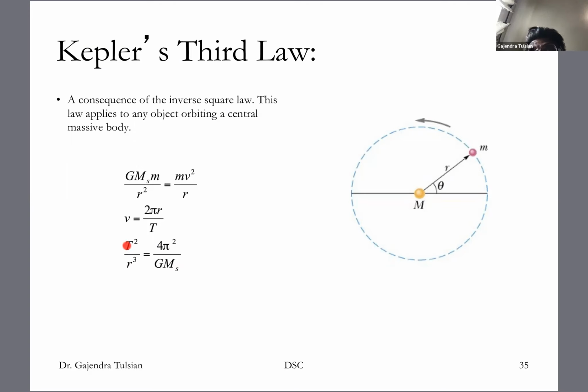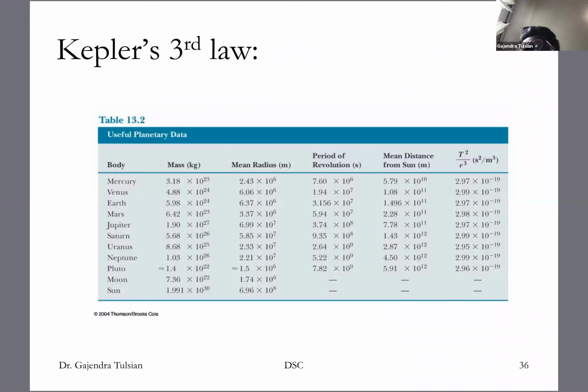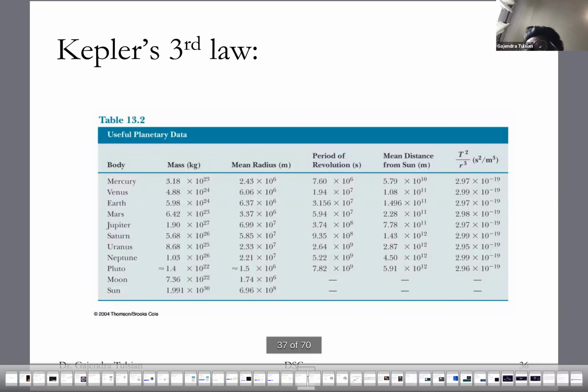All he knew was the period for various planets and their distances, and he just calculated this ratio, and what he found was this was constant. Okay, and see, this is what he found for various planets. T squared by R cube is what he calculated for various planets, and these are the numbers he came up with. Okay, he didn't know why this was so.